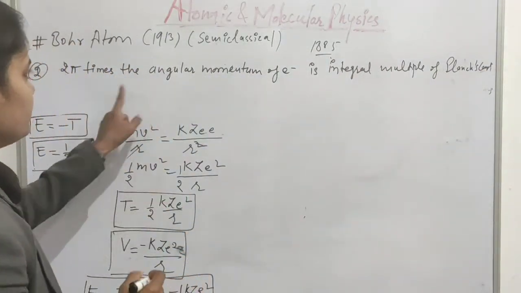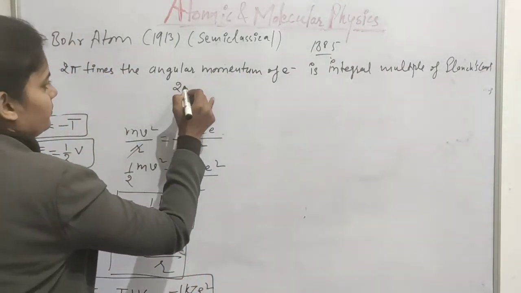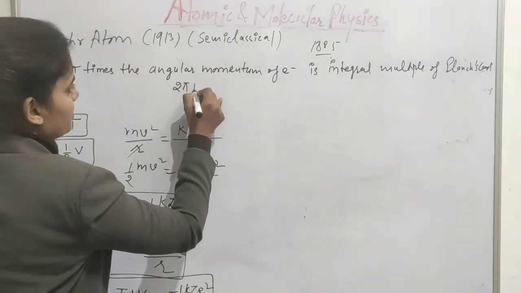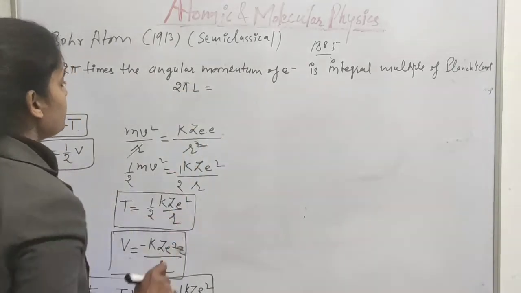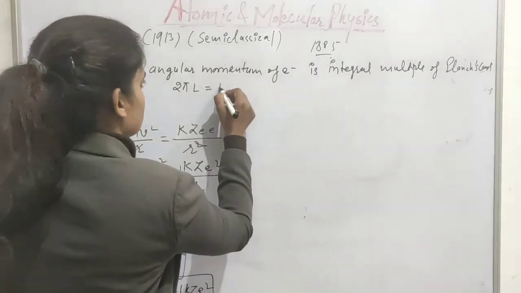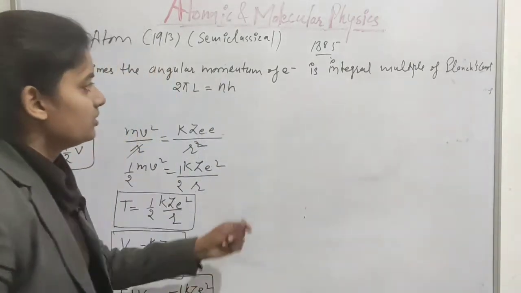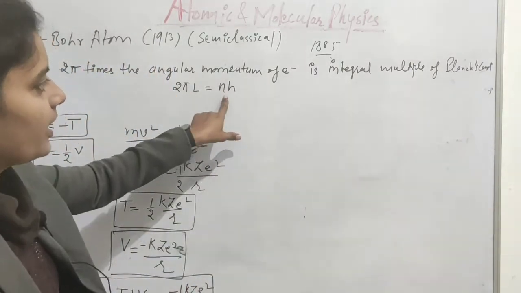So mathematically we can write this postulate: 2 pi times the angular momentum, represented by L, is equal to n times h, where h is Planck's constant and n is any integer.